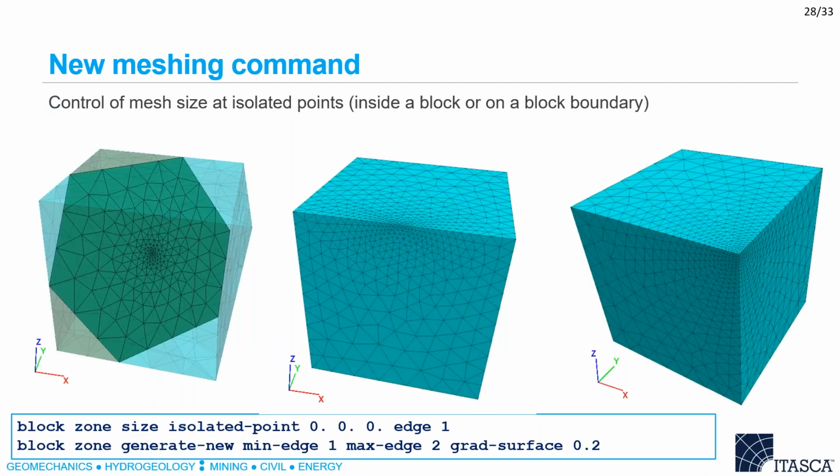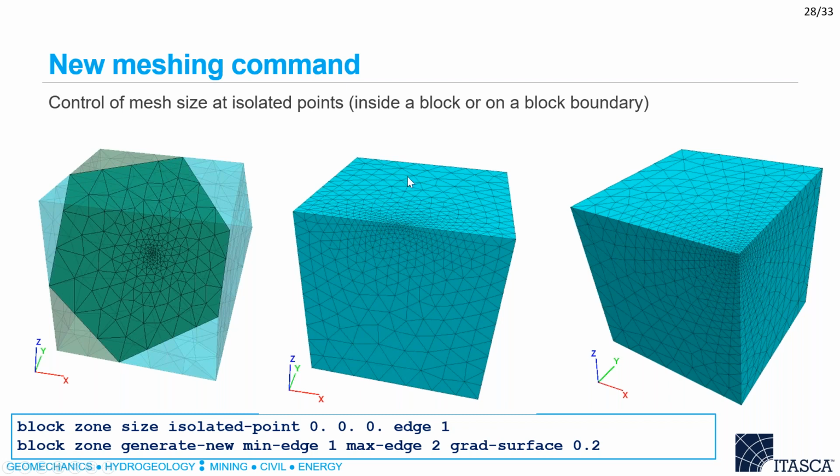We can also define mesh size at a point. For example, on the left, I have put it in the middle of a fracture, so this can be used, for example, in 3D models where we want to model injection of fluid inside a fracture.